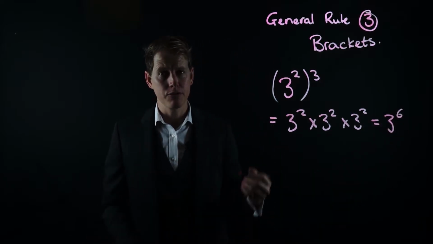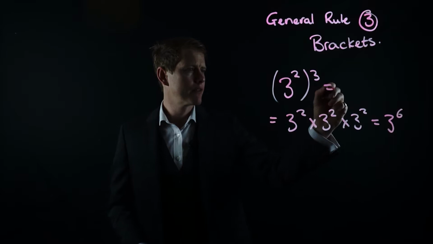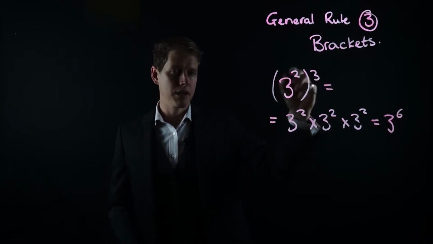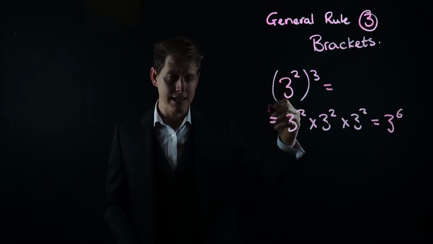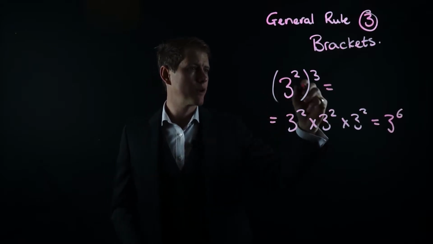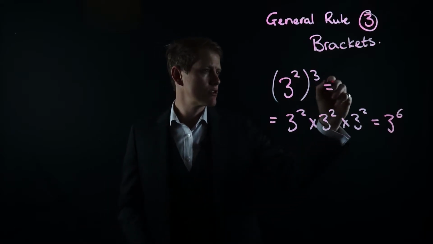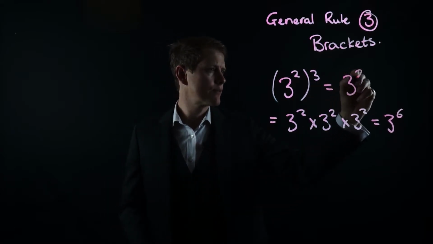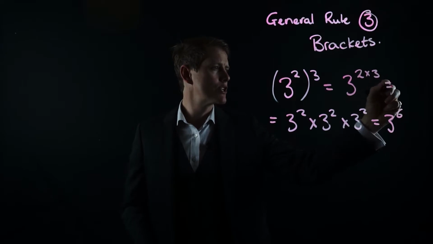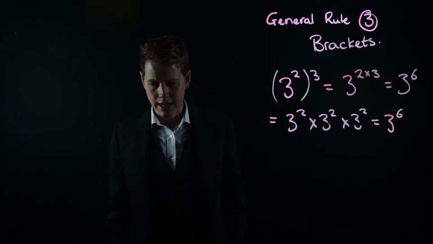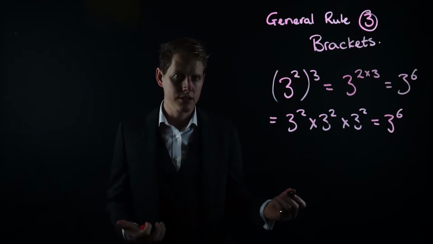But we can save time if we know the general rule number 3, which is that if we are multiplying out brackets, or an index number that involves brackets, we can just multiply the index numbers together. Okay, and of course, once again, we can apply the same logic using algebra.